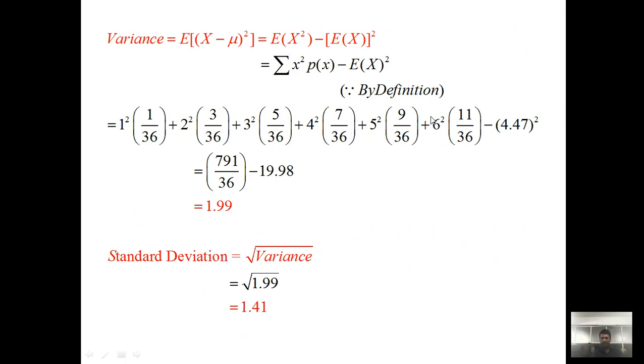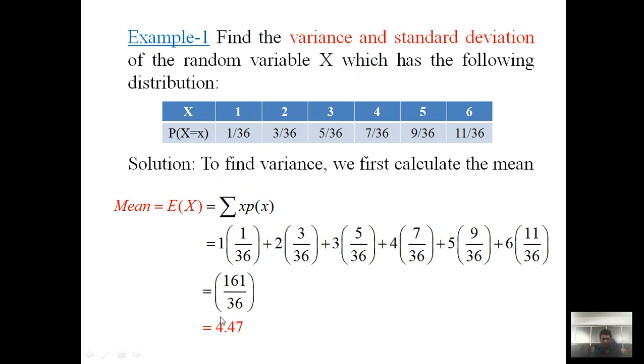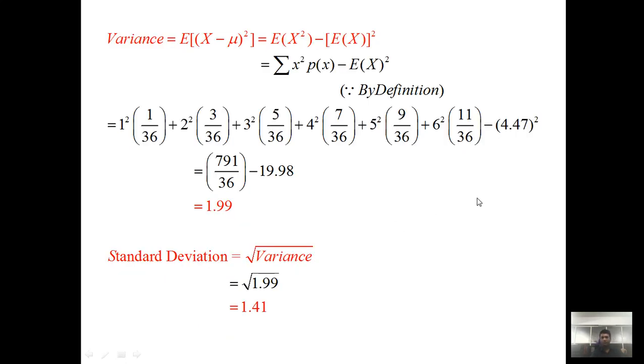on, up to x6 square, and its frequency is 11 by 36, minus E of X square, but E of X is just the expectation, so it's 4.47. So 4.47 square. By simplifying the first six terms, we get 791 divided by 36 minus the square of this expectation, 19.98, and simplifying this we get the variance equal to 1.99.